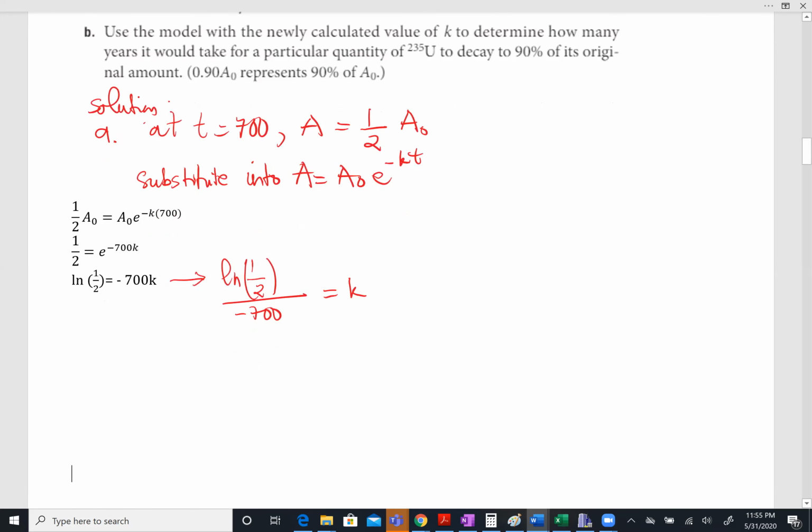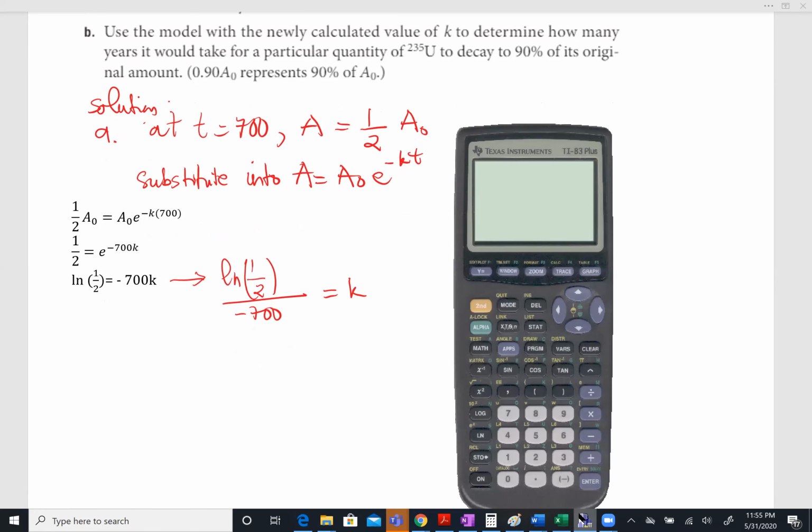In this case, you need to use a calculator. You enter ln of 1 divided by 2, and then divided by negative 700. Oh, I only did 1. Okay, enter. I have an e, that means 10 to the power negative 4.